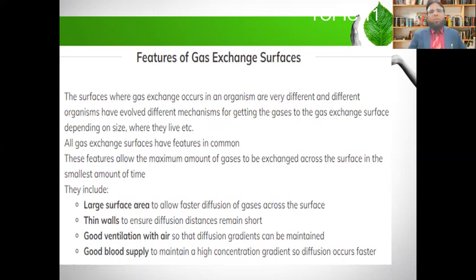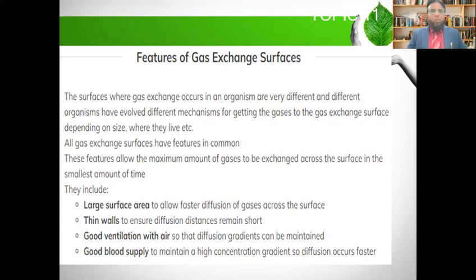Our skin cannot exchange the gases, but frog skin has all these characteristics, due to which it can exchange gases. The type of respiration carried out by the skin of a frog is called cutaneous respiration. So these four characteristics are found in the alveoli of human lungs.